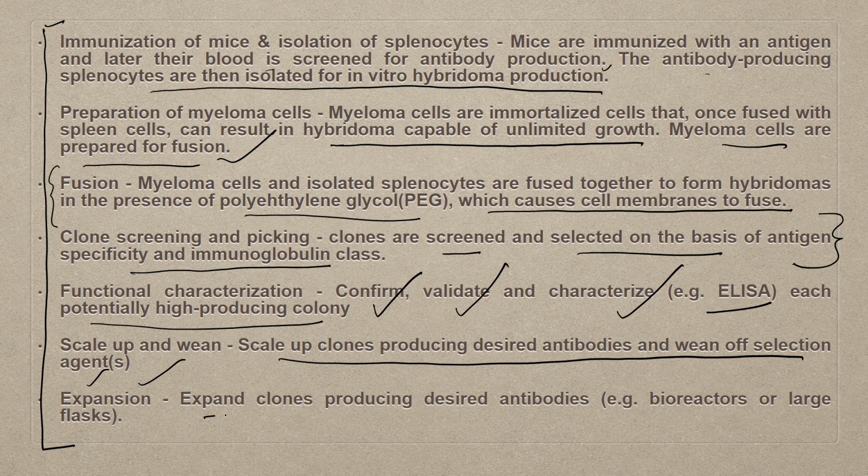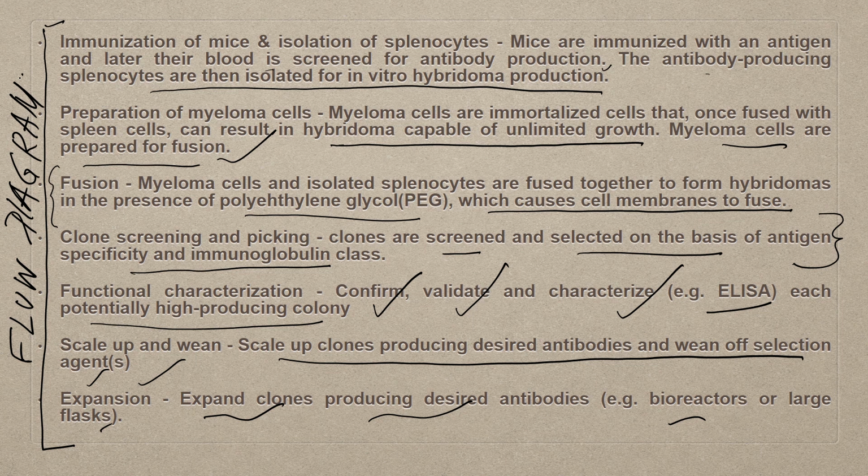And expansion: expand the clones producing desired antibodies in a bioreactor or large flask. So, this is the overall scheme of things, or flow diagram, which one has to keep in mind while producing monoclonal antibodies.